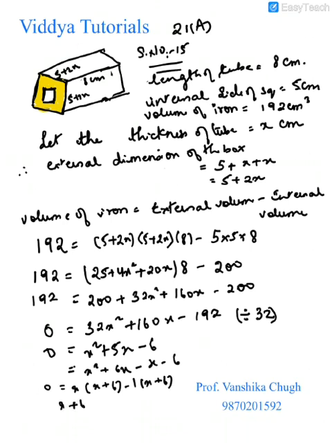So x plus 6 into x minus 1 is equal to 0. So x is minus 6 or x is equal to 1. Minus 6 is not possible. So x is equal to 1 centimeter. So I have found the thickness of the tube as 1 centimeter.